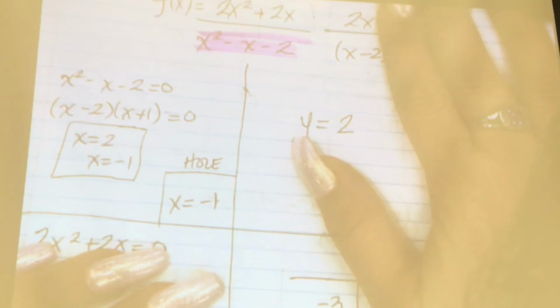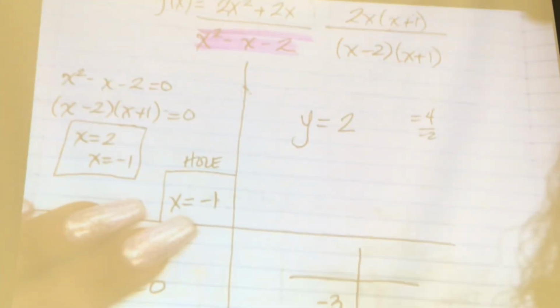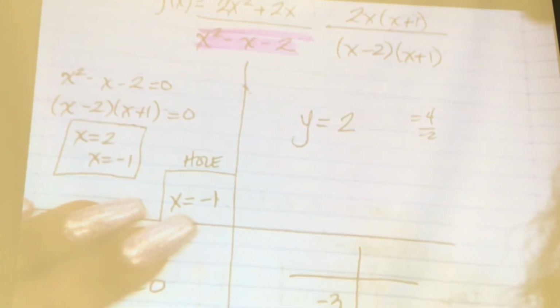Negative 3. What's negative 2 divided by negative 3? Lauren! Positive 2/3. Very good. So this is not 0 now, it's positive 2/3. And there's a hole there.